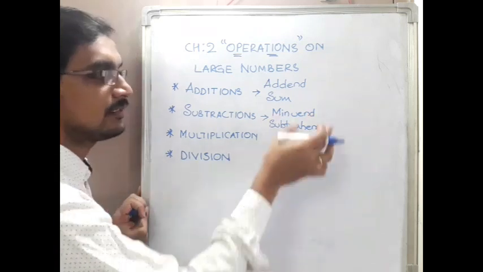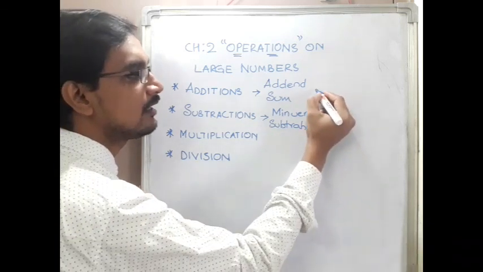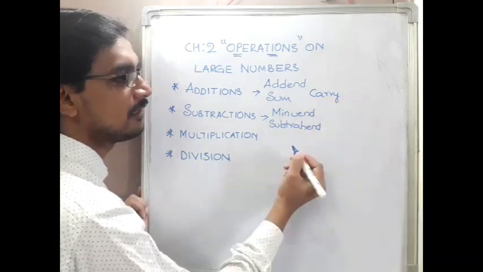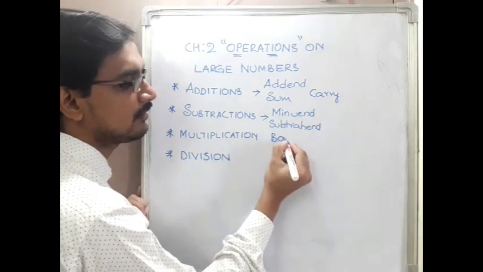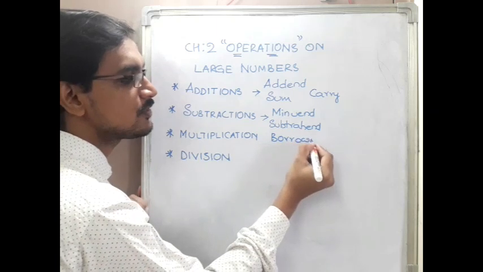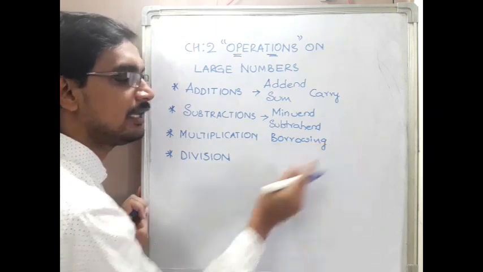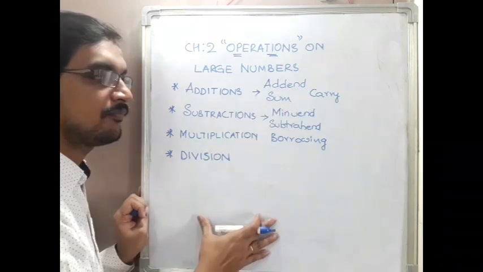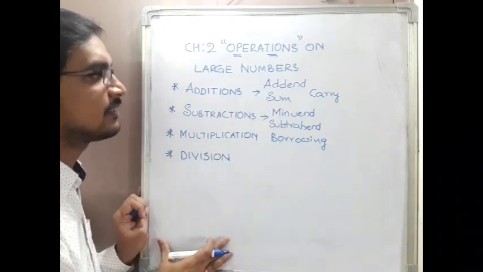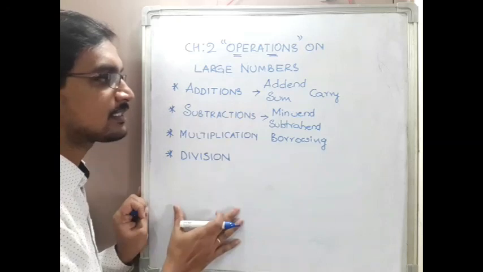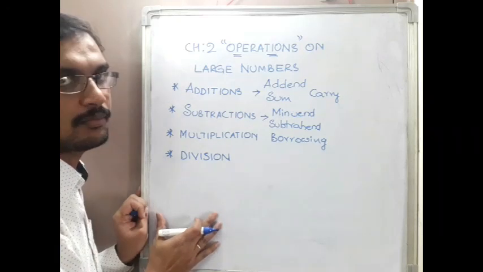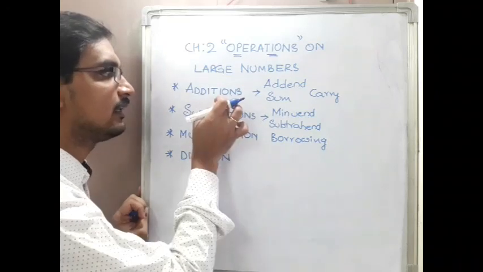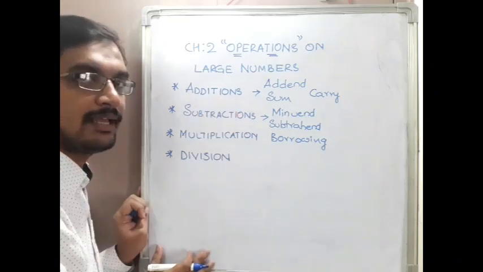So in subtraction, and here you will get terms like carry, and here you will know borrowing. These are the terms which you are already quite familiar with. Even then we are going to take a recap on these terms, then we will move to the exercises. So please follow the instructions carefully and copy the CW nicely. So let us start with the terms which we have to learn with additions.